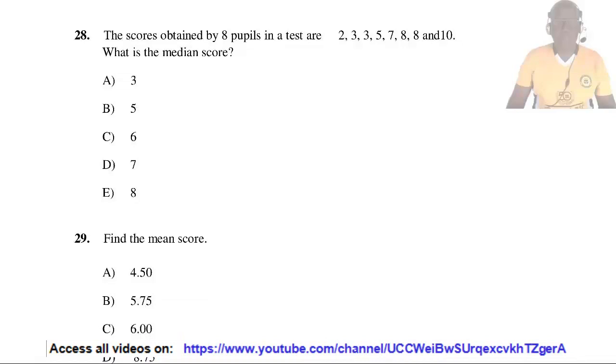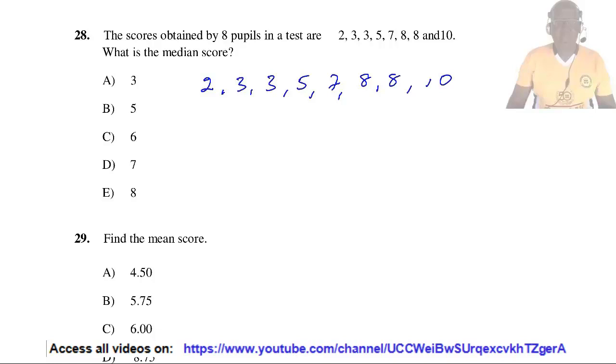Question 28. The scores obtained by 8 pupils in the test are 2, 3, 3, 5, 7, 8, 8, and 10. What is the median score? The numbers are in ascending order.